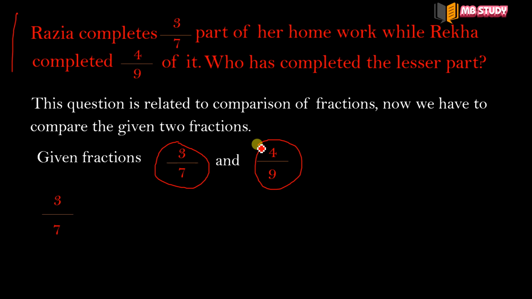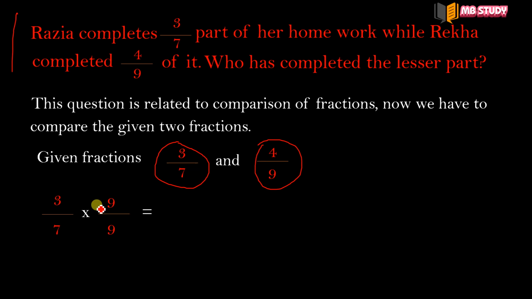3 by 7 into 9 by 9. Why? Because the other fraction's denominator is 9, we have to multiply and divide with 9. That way the denominators become equal.